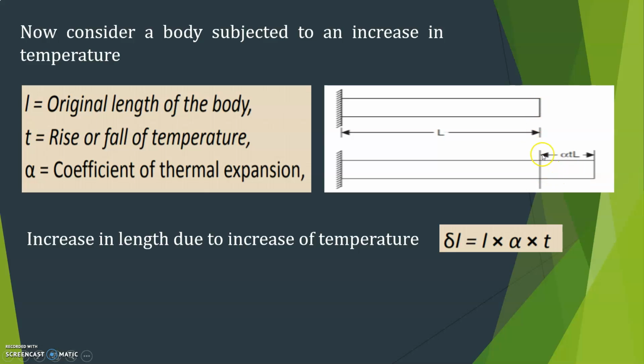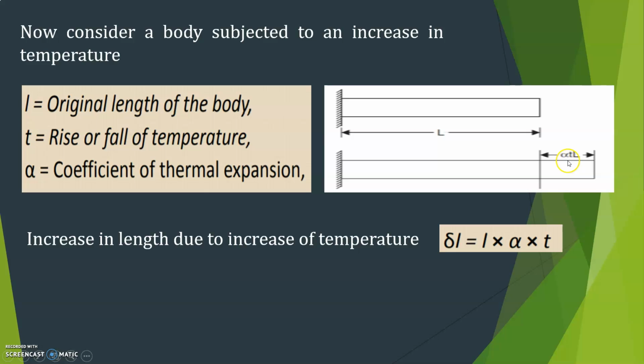You can see here, this is the original length, but because of the rise in the temperature, there will be an increase in this length. One thing you remember: when there is an increase in the temperature, the body elongates. When there is a fall in the temperature, the body shortens. So now here it is an increase in the temperature, and you can see this extension.